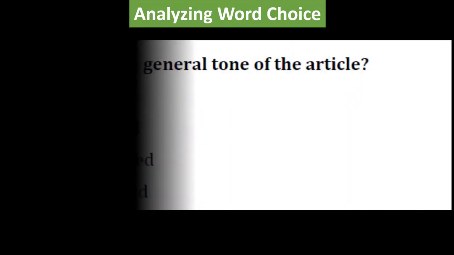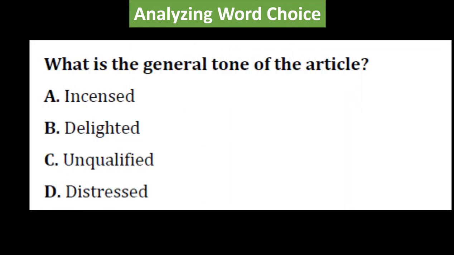And then we have analyzing word choice. That is, why does the writer choose this word and not another word? For example, here it says, what is the general tone of the article? Incensed, delighted, unqualified, or distressed. By tone, we mean the writer's character while writing. That is, how does he feel?